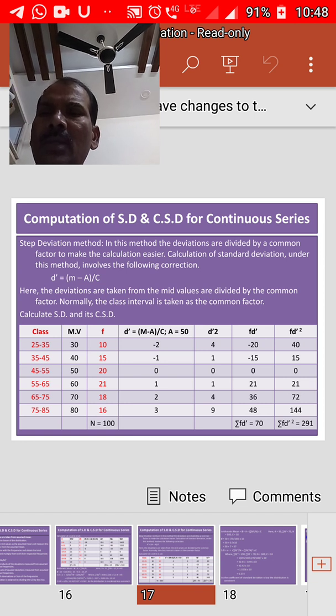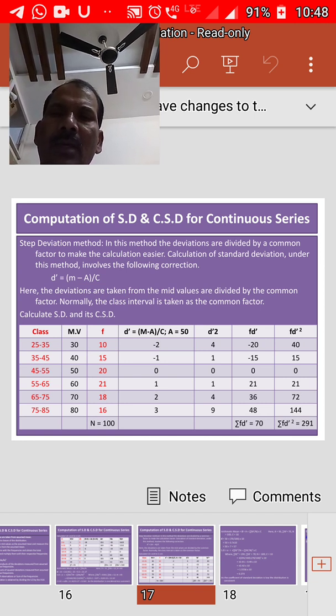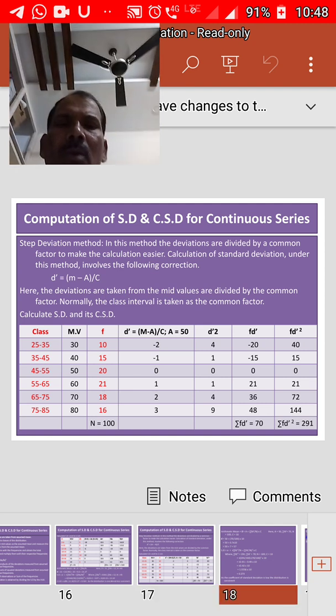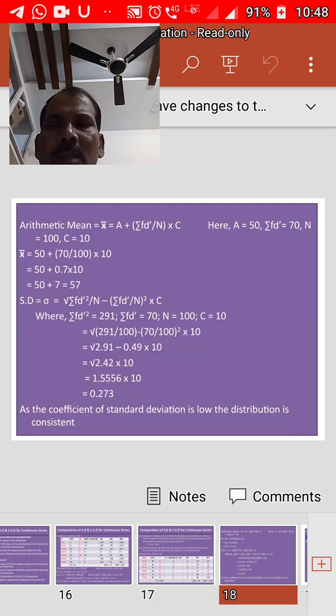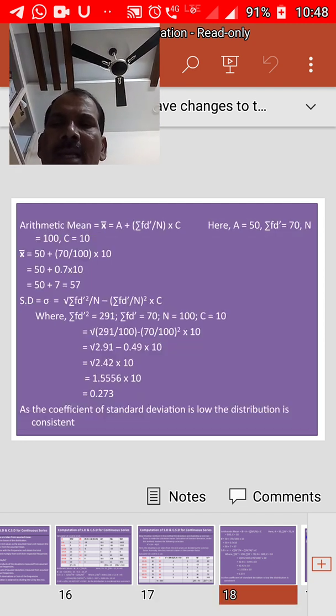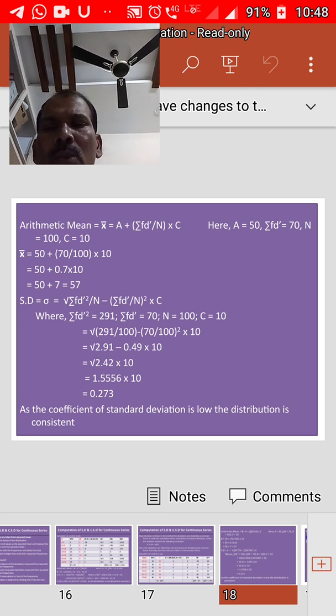Now if you substitute in the standard deviation formula, small sigma is equal to under root of sigma f d dash square by n, minus (sigma f d dash by n) whole square, into c.